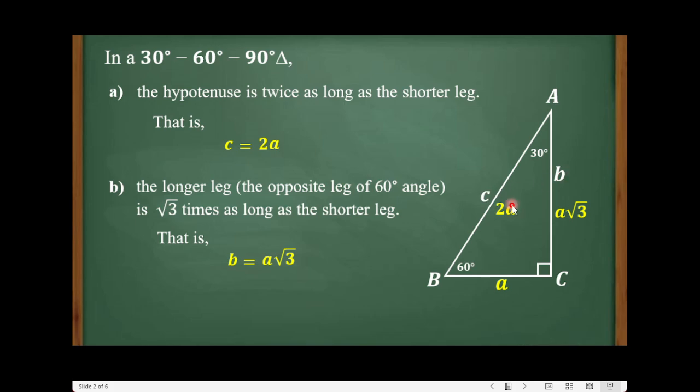Now c again is 2a and b is equal to a square root of 3, based on these two properties of the 30, 60, 90 triangle. Now using these properties, we're going to define or find the trigonometric functions of each of these two acute angles.